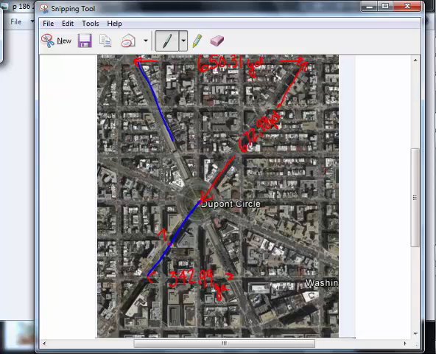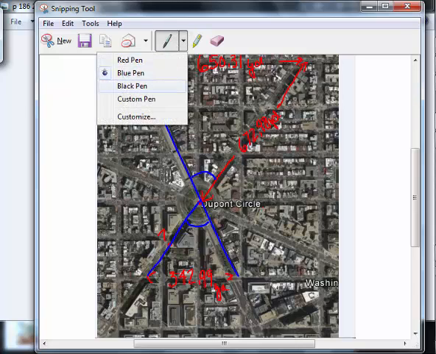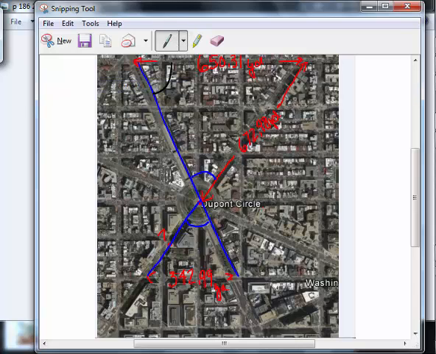Well, the first thing to realize is what you've got here is two triangles that are similar. This angle and this angle are equal. This angle and this angle are equal. And this angle and this angle are equal. If that's true, then for the top triangle, we have two sides.